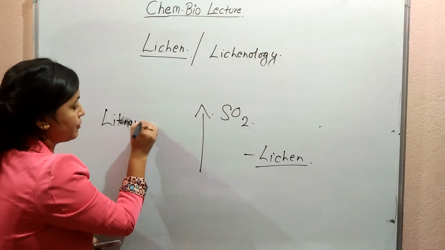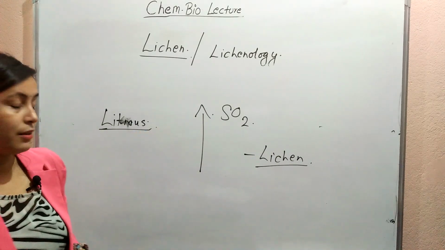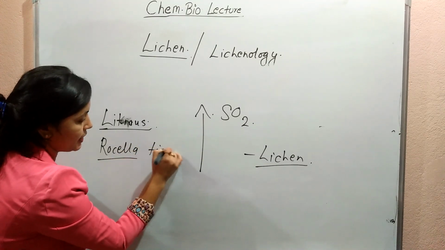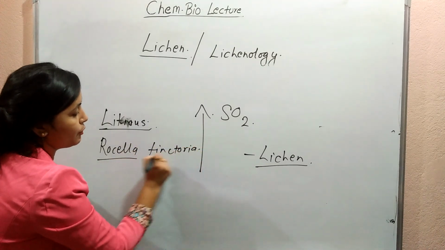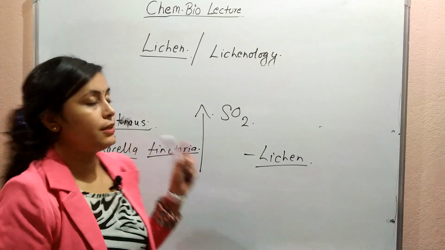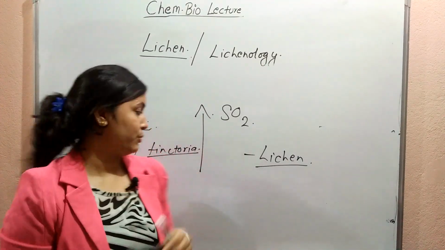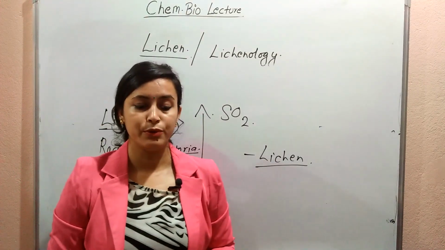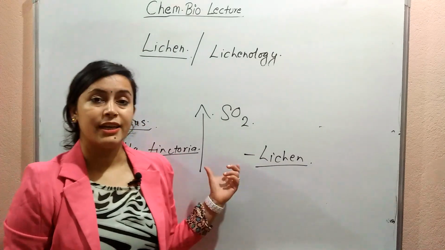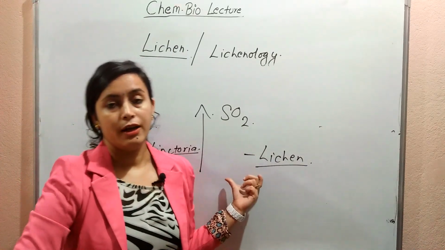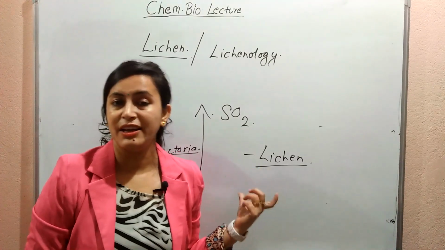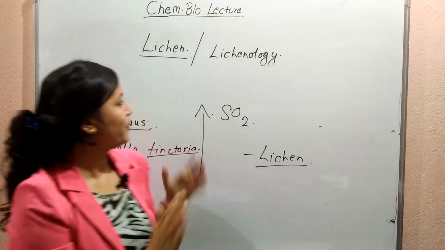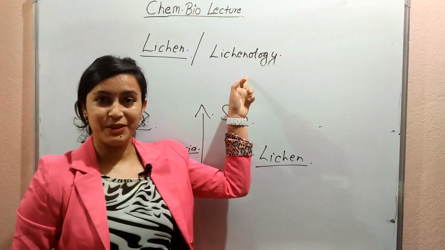The dye obtained from lichen, especially from Rossella tinctoria, is used for making the litmus paper you often use in laboratories. Some lichens also have antibiotic roles, and some are fodder for different kinds of animals, especially reindeer. So this is all about lichens. This was the lichenology we just did.